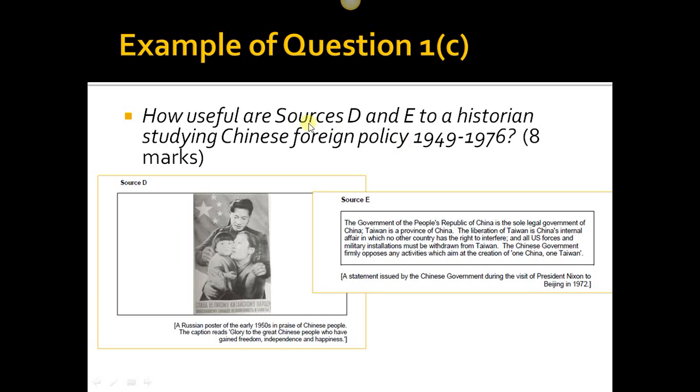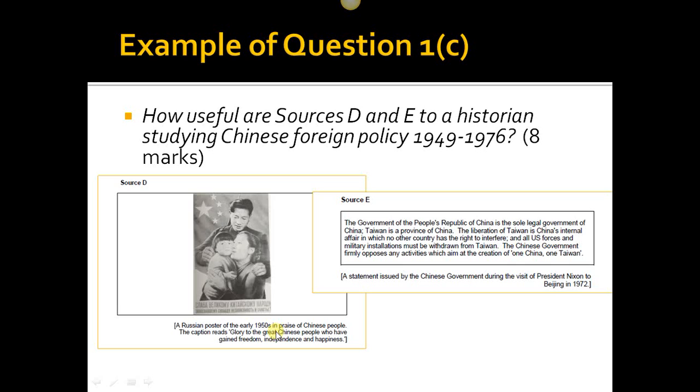You do this a couple of times, you run through this video or do a couple of past papers, and once you start realizing here's your command word, and actually they're asking you how useful it is to a historian studying Chinese foreign policy from 1949 to 1976, there is a timeline which is important there. But let's have a look at what we've got here.